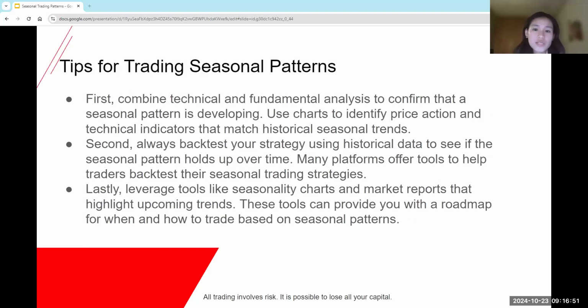Okay, so let's now talk a bit about practical tips for trading seasonal patterns. So firstly is to combine technical and fundamental analysis, and I'll show you in a bit how we can do this to confirm that a seasonal pattern is developing. You can use charts to identify price action and technical indicators that match historical seasonal trends.